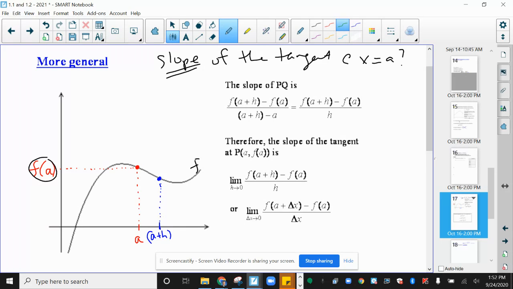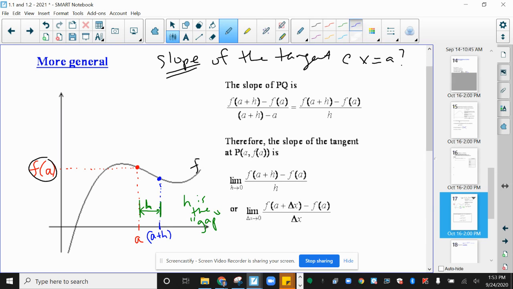The reason it's called a plus h is because we want to refer to the horizontal distance between the red and the blue point here as h. So h is the gap, I like to call it. It's not a mathematical term, but it makes a lot of sense. H is the gap that's between a and a plus h.